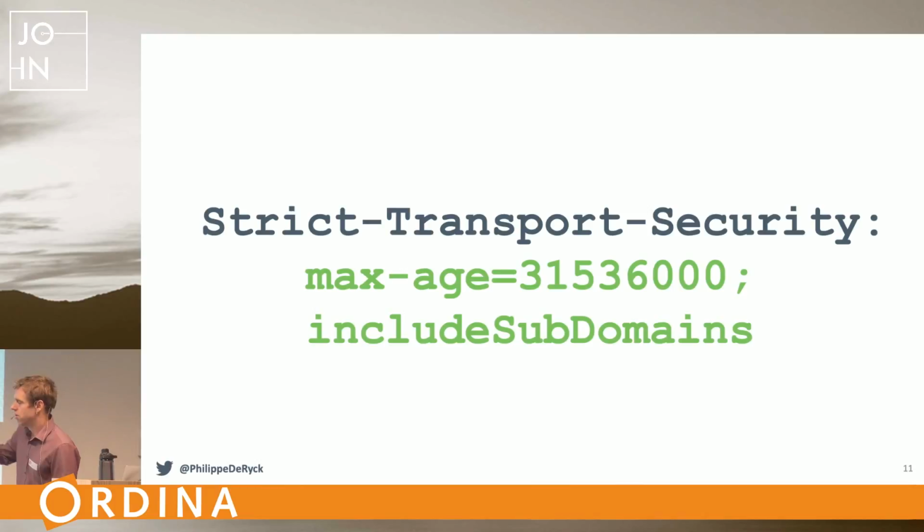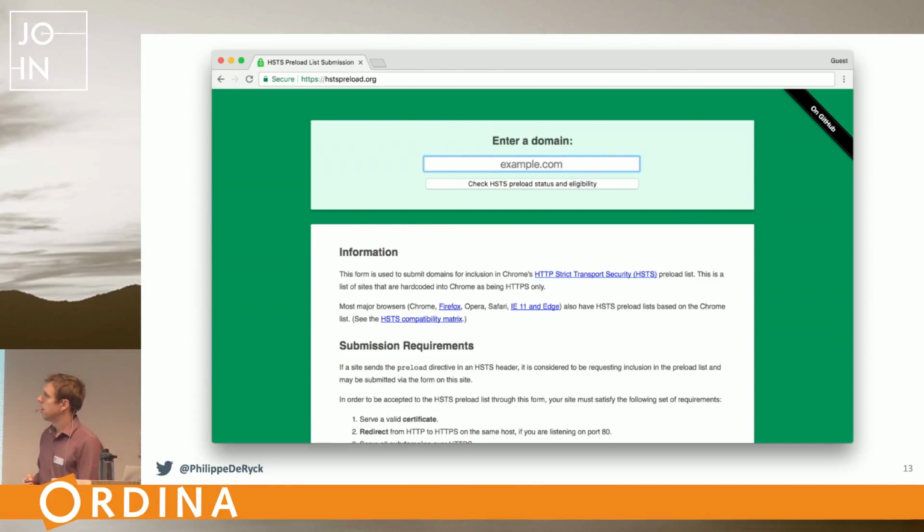The reason I want to talk about why this is so dangerous is because you can level up, you can go even further, and you can tell the browsers that by default your entire domain uses HTTPS. This is known as preloading. The problem with HSTS is you need to send an HTTPS request first to get the policy and to know that it should be applied in the future. Meaning that the first time a user goes to your website, the browser doesn't know whether to use HTTP or HTTPS, so it will use HTTP.